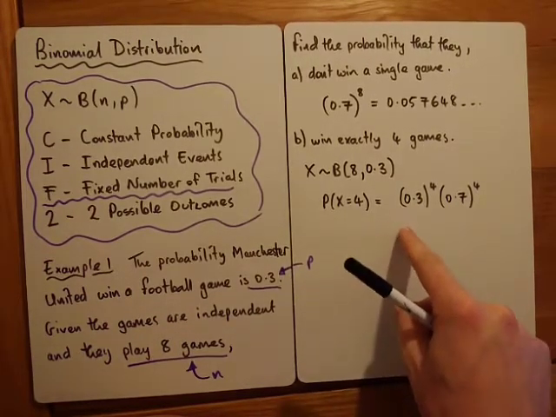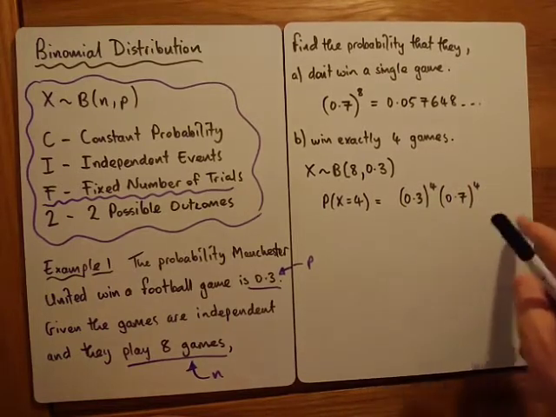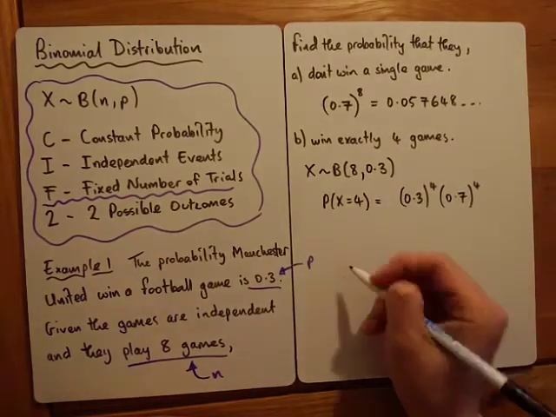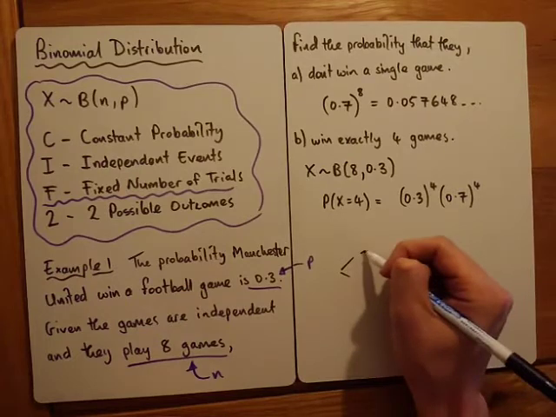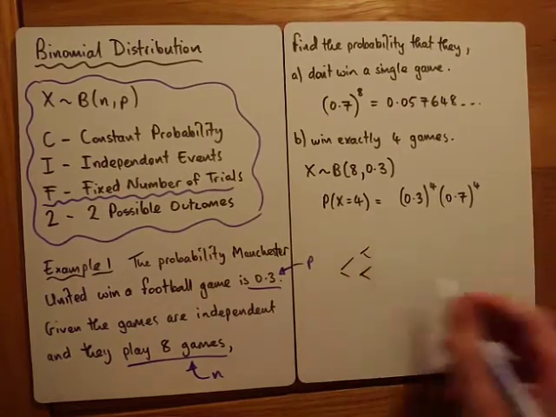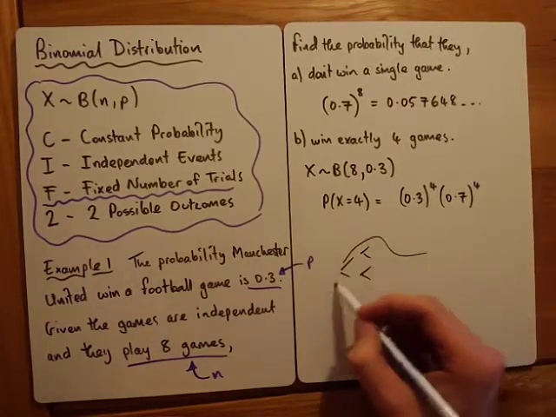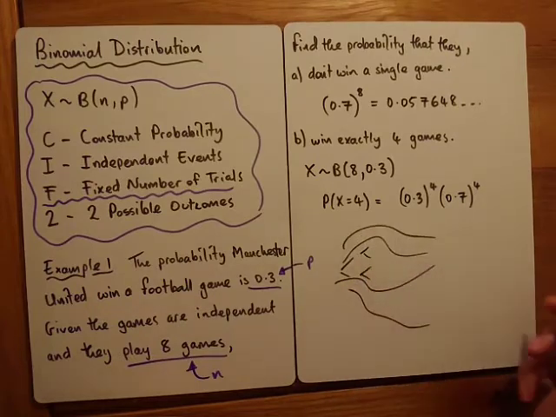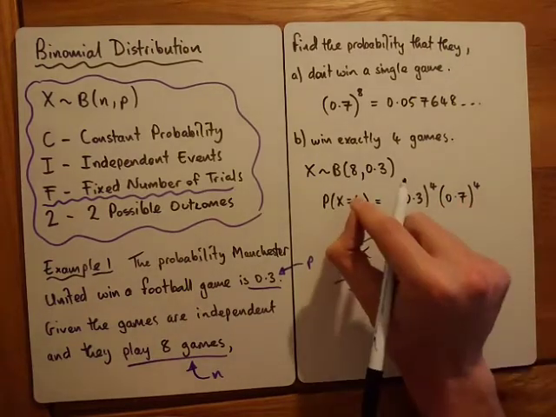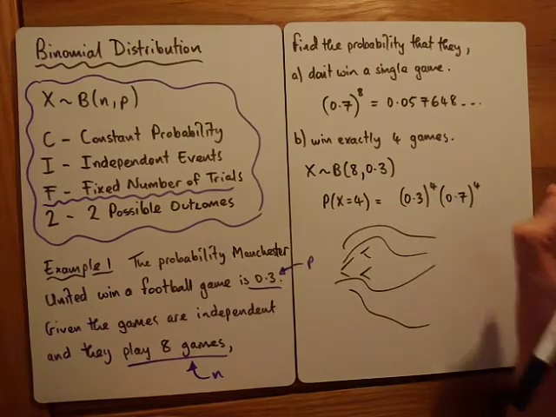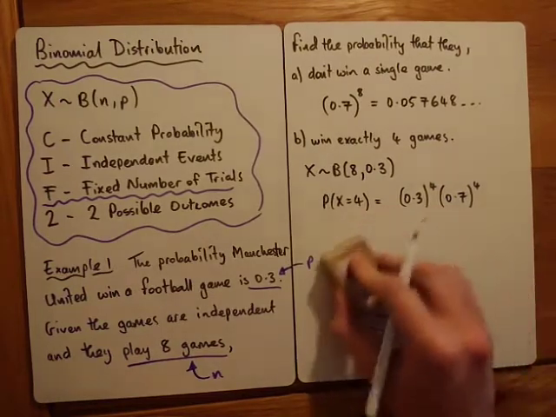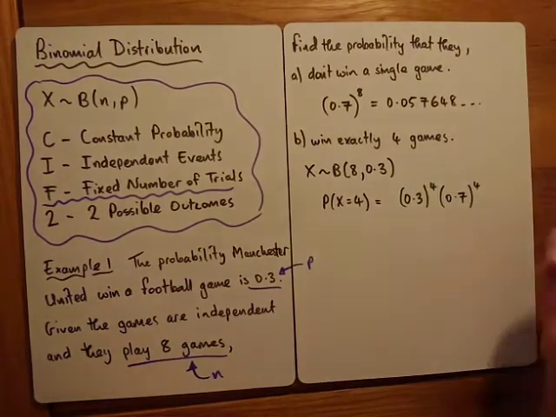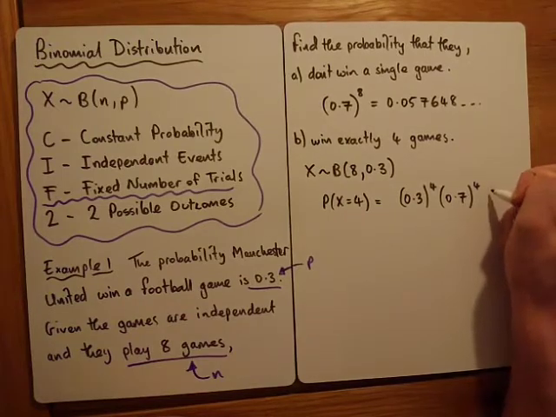And the key to this is to realise that, imagine if we wanted to draw this massive tree diagram out, there would be loads of different ways of ending up with 4 wins and 4 losses. And that's where the binomial comes in. And essentially we can use the notation nCr.